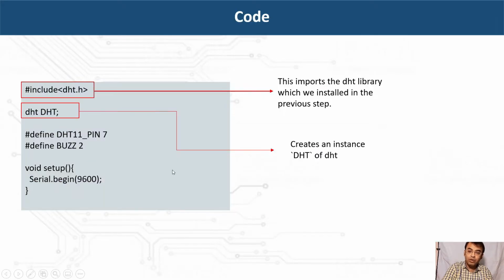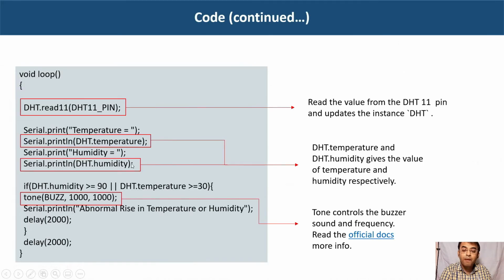Now we'll come to the code. You have to include the DHT library, so that's why I have written include DHT.h. Small dht, capital DHT means it creates an instance dht of DHT. Here we have the read function, which reads the value from the DHT11 pin and updates the instance. Then you can print the value by using Serial.print for temperature and humidity.